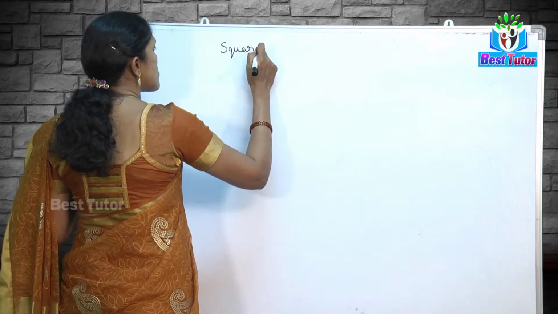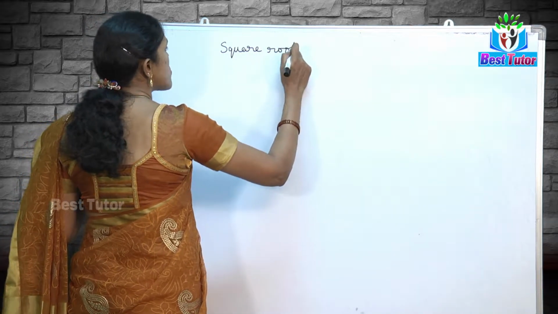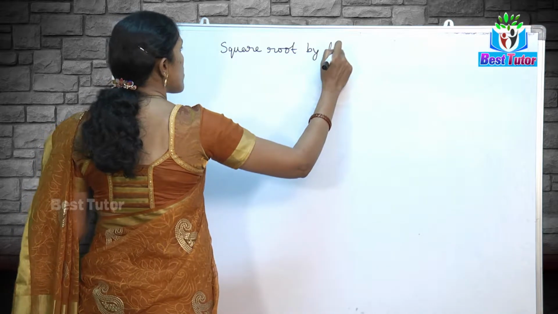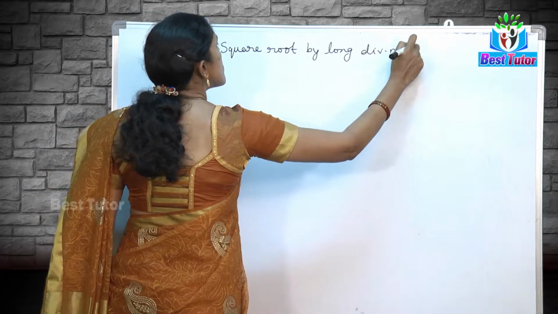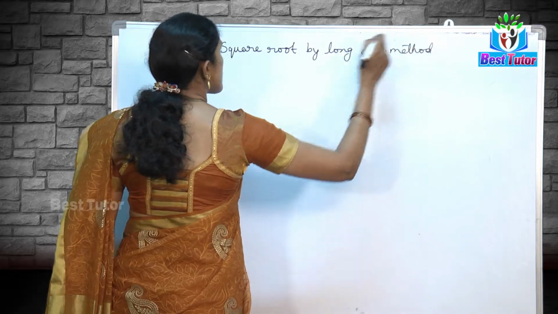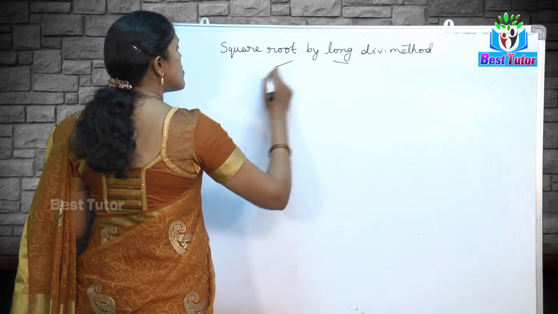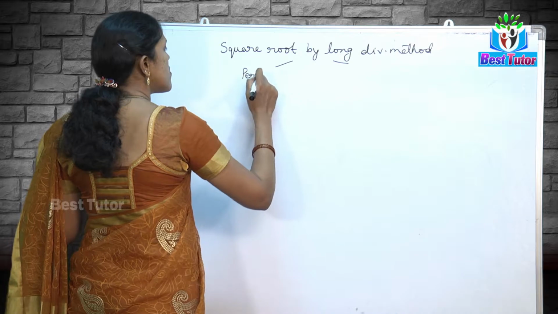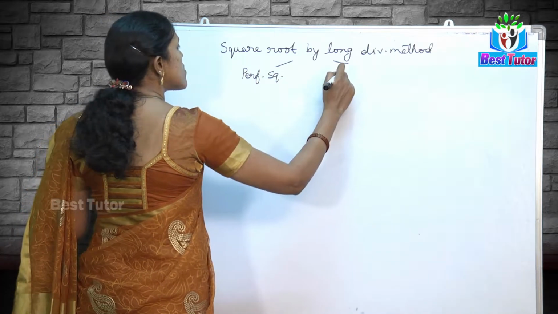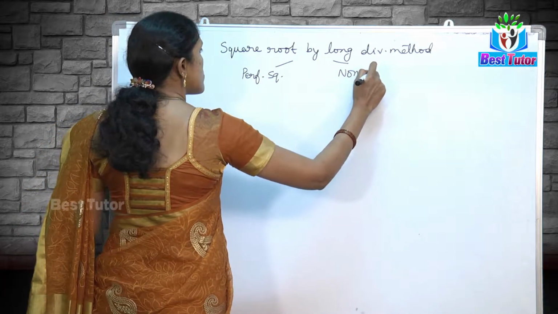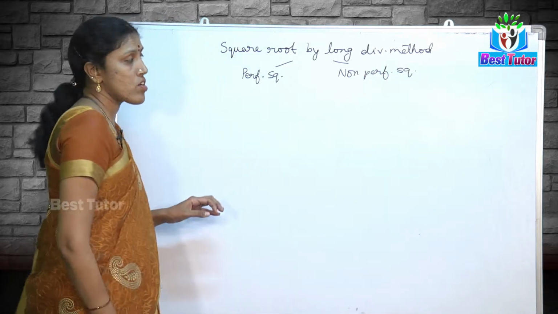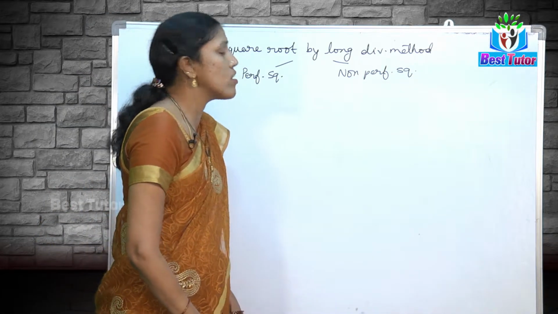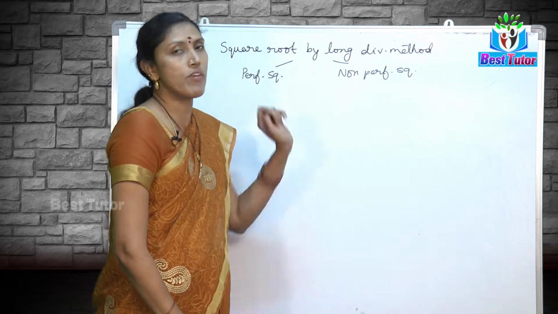So we are going to learn about square root by long division method. This method is applicable for both perfect squares and non-perfect squares, whereas prime factorization method was not helpful to find the square root of a non-perfect square.